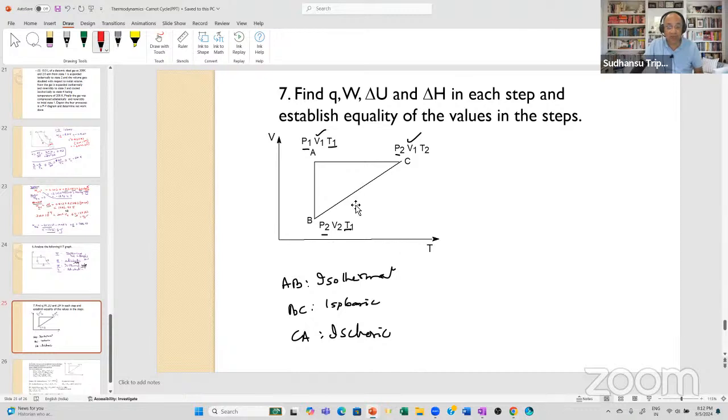In a TV graph, since here V1 and V1 are constant, this is an isochoric process. Since here T1 and T1 are constant, this is an isothermal process. And B to C, P2 and P2 are constant, this is an isobaric process.